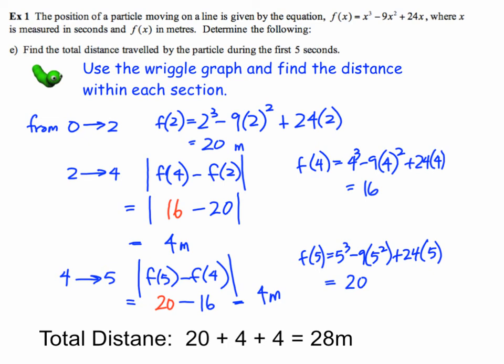From 2 to 4, I'm taking the absolute value of it because I can't have negative distance. I substitute it in, and it's 4 meters. From 4 to 5, substitute the values into the original, and I get 4 meters. So my total distance for each section, 20 plus 4 plus 4, is 28 meters.